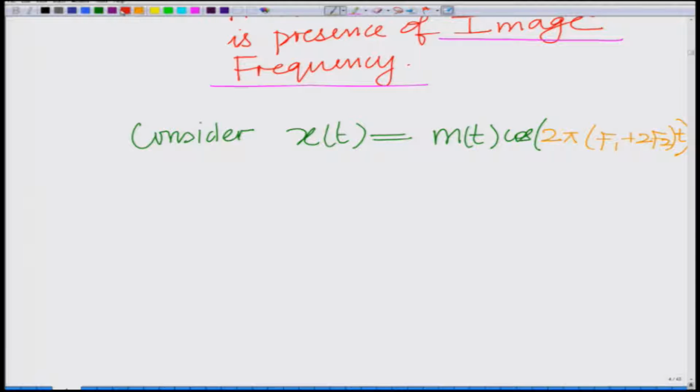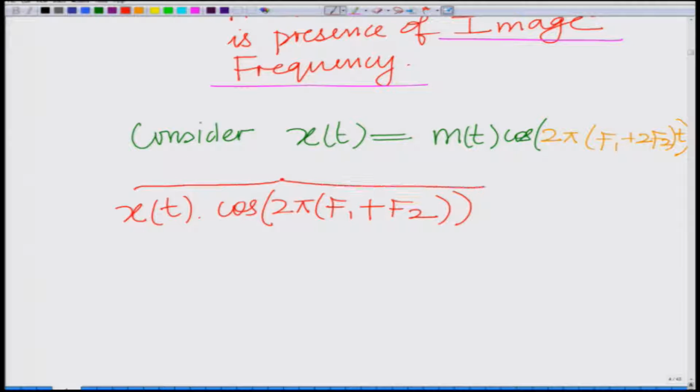This is mixed, heterodyned, with cosine 2 pi (f1 plus f2) t. So, we perform x(t) times cosine 2 pi (f1 plus f2) t. This is the signal, this is mixing.